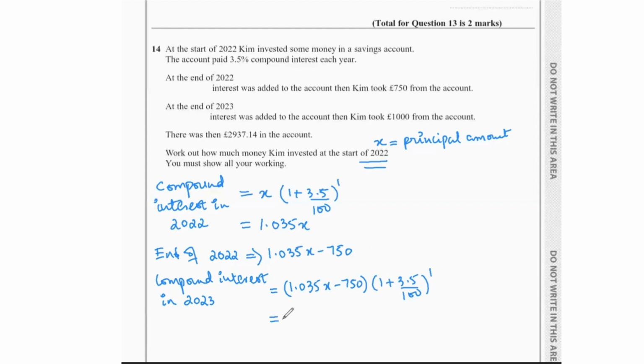So this will give us 1.071225x minus 776.25.